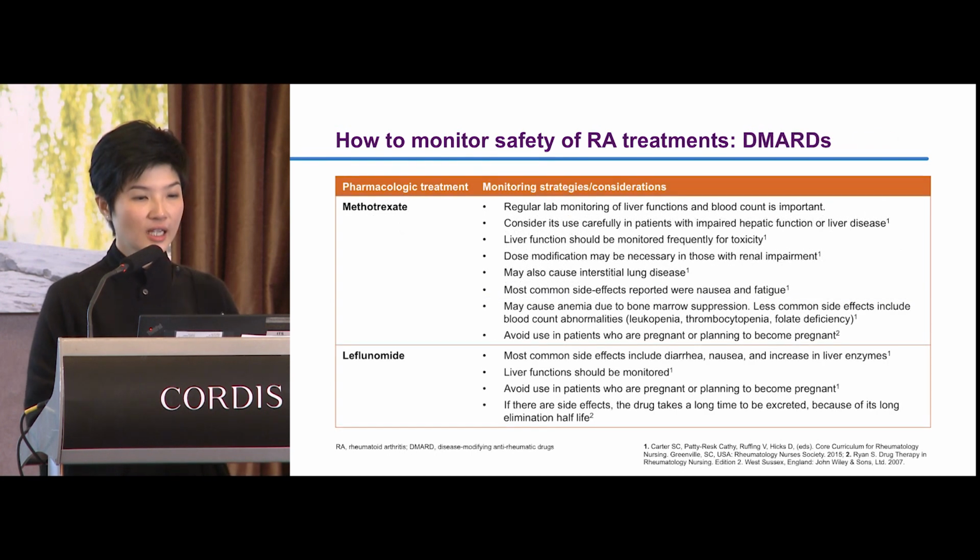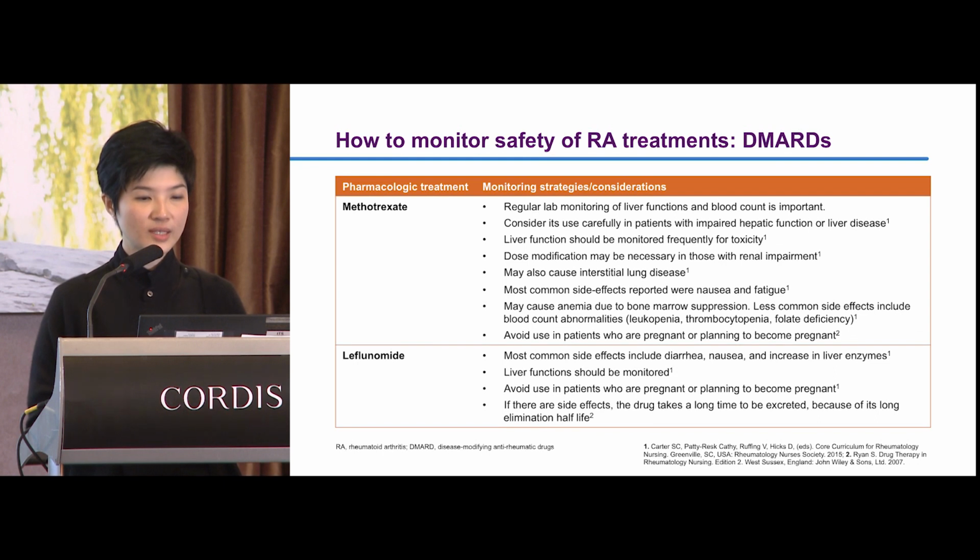How about DMARDs? The commonly used one is methotrexate. Before we start the treatment, we do lab monitoring, especially liver functions and blood counts. We should use it carefully in patients with impaired hepatic function or liver disease, and monitor liver functions closely.